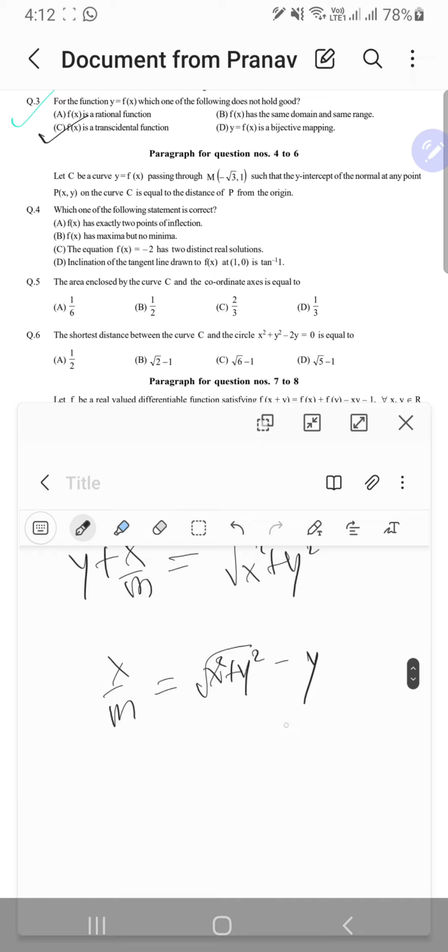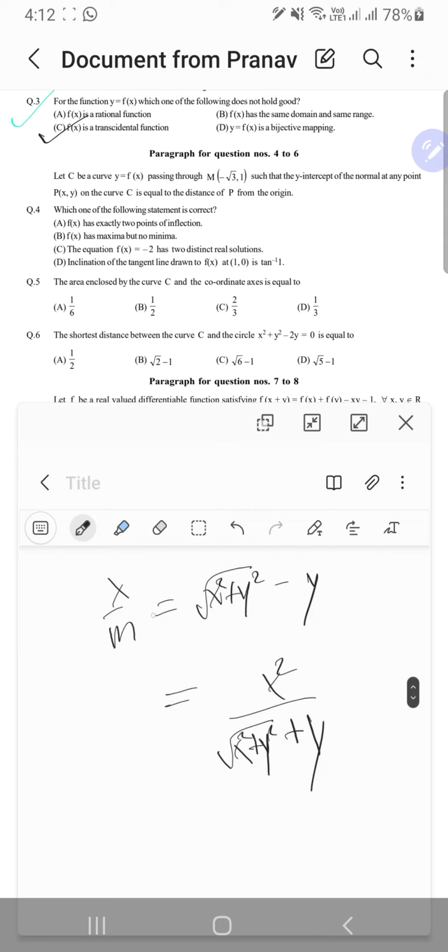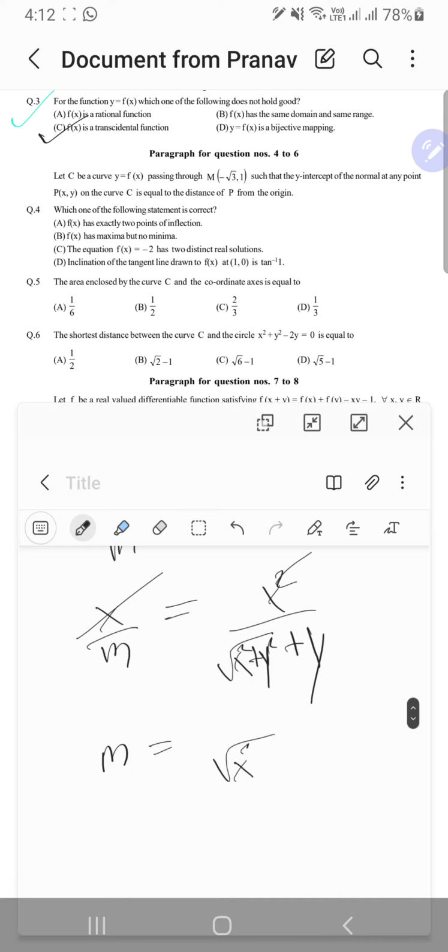This can be written in a different way: if I multiply by its conjugate, it's going to be written as x squared upon square root of x squared plus y squared plus y. Why am I doing this? Because I want this m in the denominator. So that cancels, cool. So we just got m equal to this function.